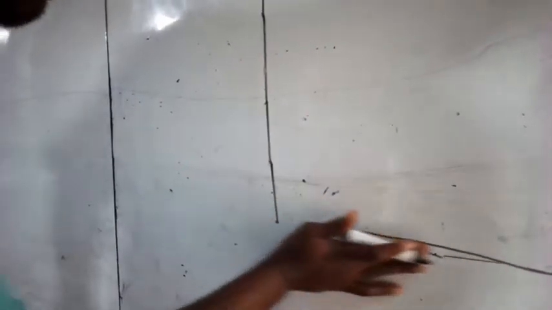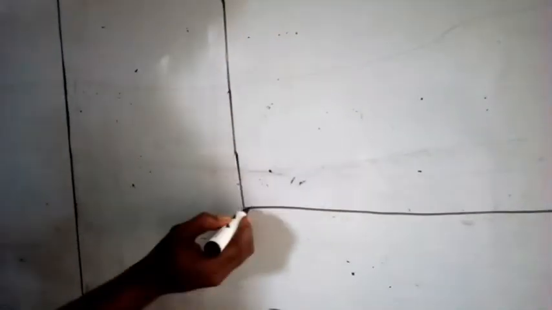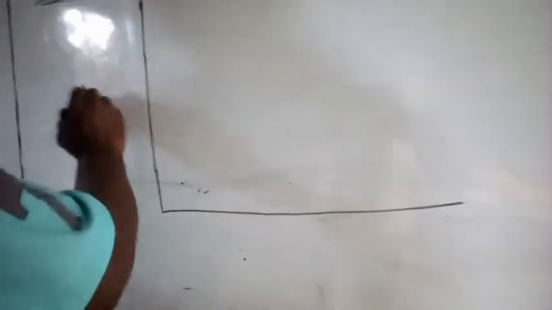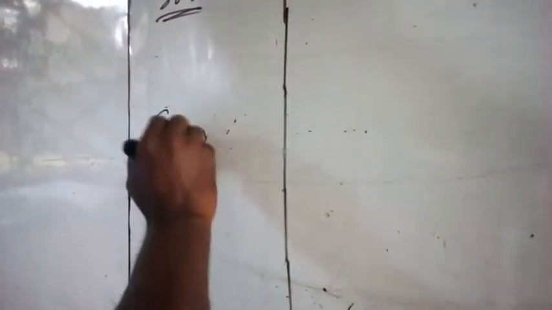For want of time, let me use my hand. But use a ruler. Now this vertical side is frequency. Always. The number down here, the frequency column, should be on this side. Frequency should be here. And method has to be down here.